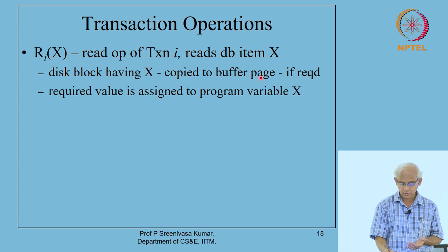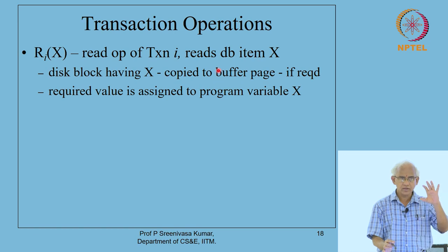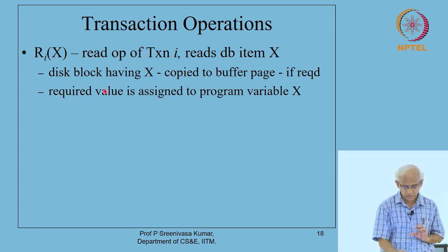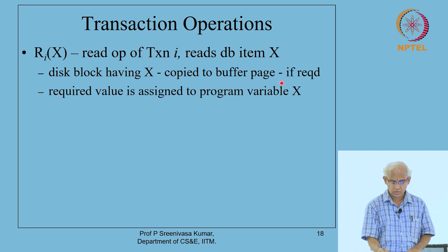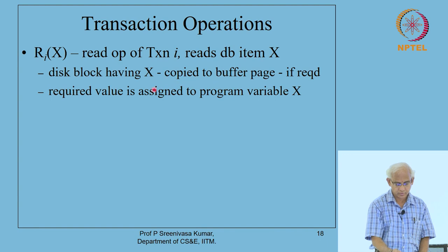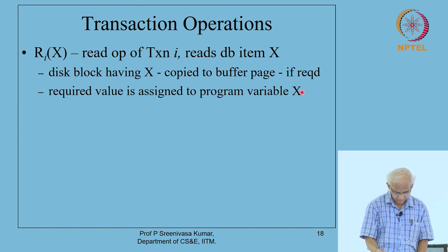We will think of the buffer as having a number of pages, each equivalent to the disk block size. The disk block is first brought into the buffer page, and then made accessible to the transactions. Then the required value is assigned to some program variable X. Even though the page is brought, the entire information in the page may not actually be used, so whatever is required by the program will be assigned to X.